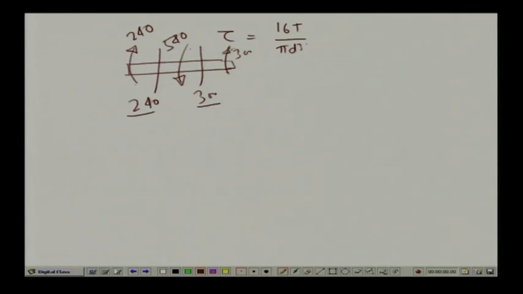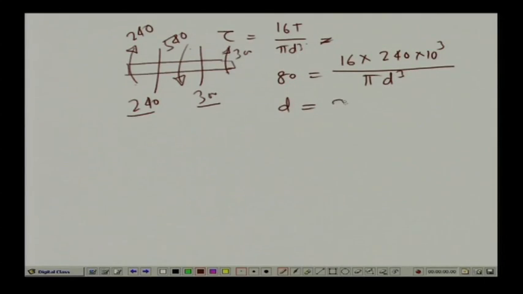If we compute the stress for the first one, with shearing stress limited to 80, then 80 is equal to 16 times 240 into 10 to the power 3 divided by pi d cube. From this we get d as 24.82 millimeter.